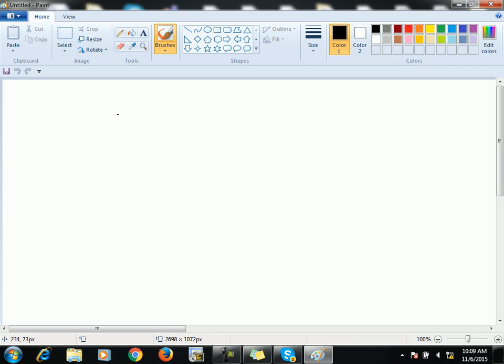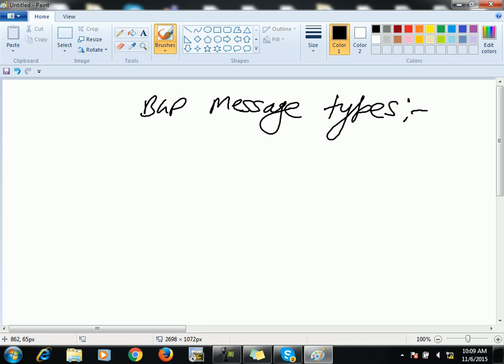Fine. Apart from that, let's talk about message types in BGP. We must have this information: how many types of messages are available in BGP.